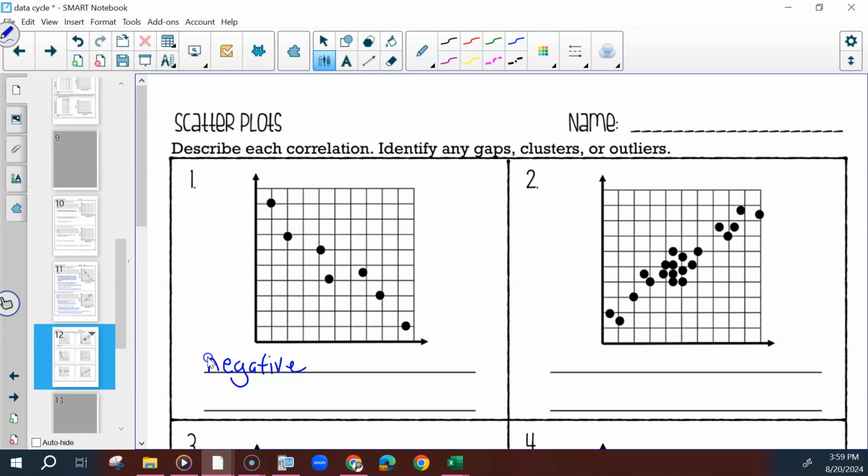But when we talk about the relationship, we're really talking about their correlation. How does the x-axis, or that x variable, correlate to the y-axis, or that variable?